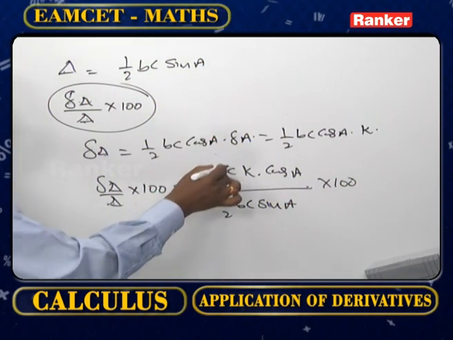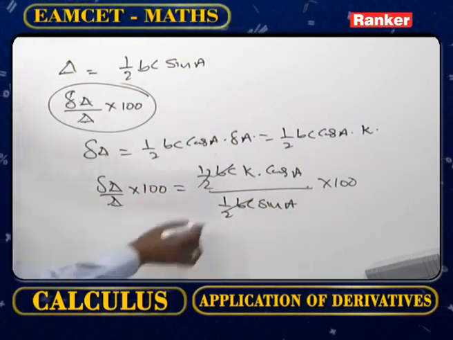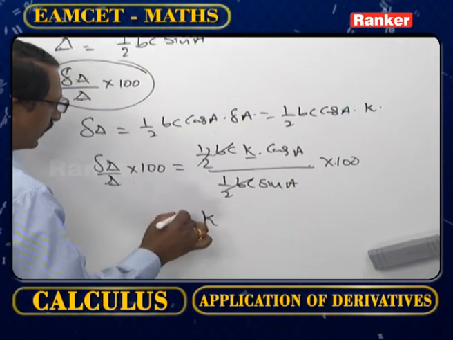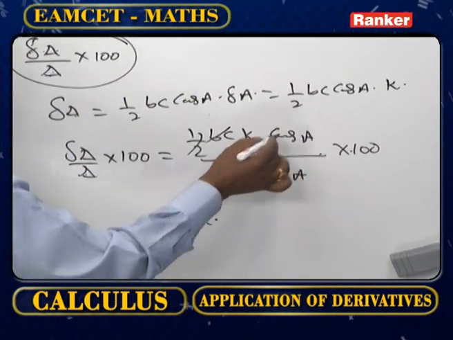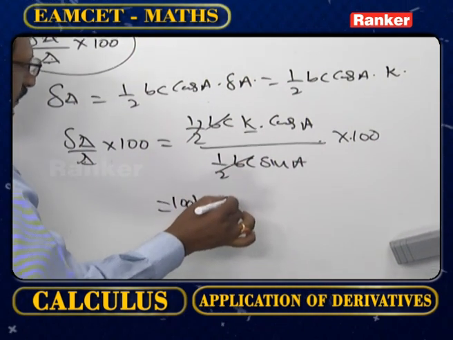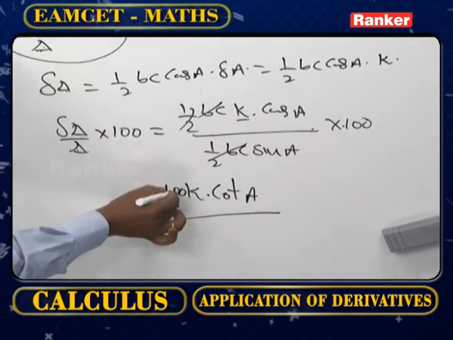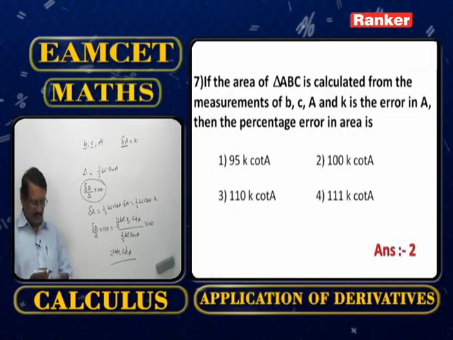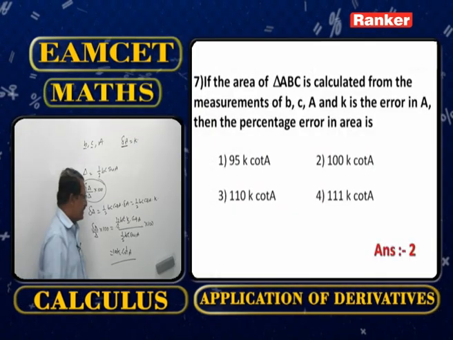Half cancels, bc also cancels. That equals 100k into cos A by sin A, which is nothing but cot A. So 100k cot A is the percentage error in the area. Now the second option is correct.